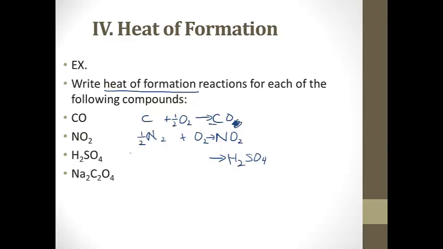So the elements are hydrogen, which is H2, sulfur, and oxygen, which is also O2. To balance it, you need 2 O2, and that'll balance it. Also another ionic compound, but heat of formation reactions are from elements. So we're going to make Na2C2O4 from the elements. Sodium is not diatomic, it's just Na.